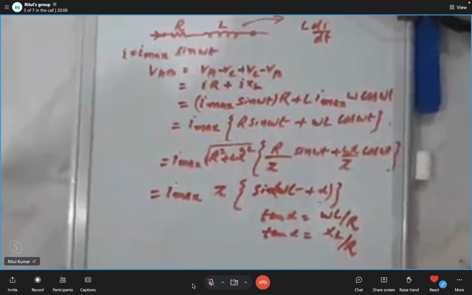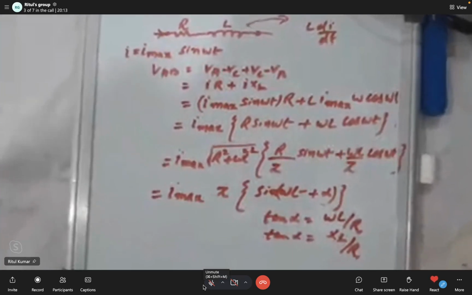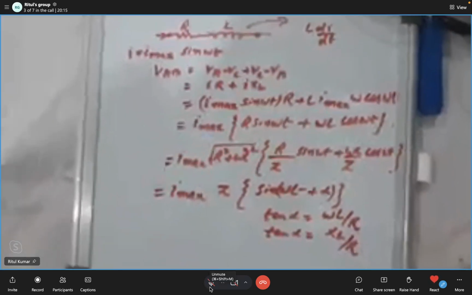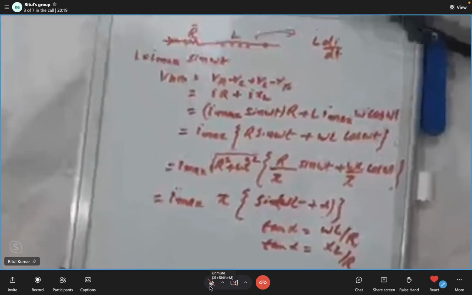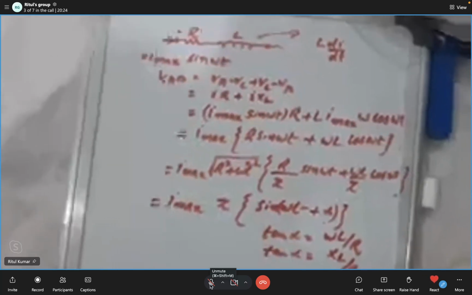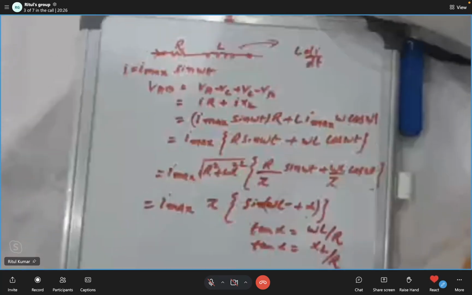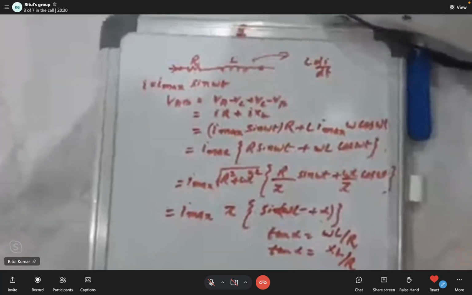So can you extrapolate the Z value there? As we got Z here, can you write Z for the RC circuit? What would we be getting there?